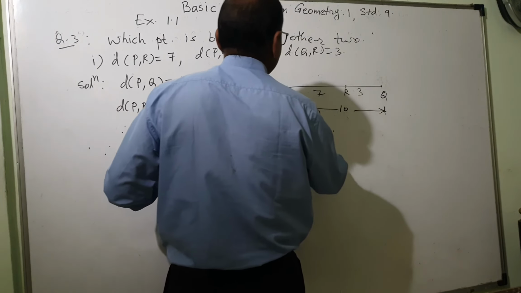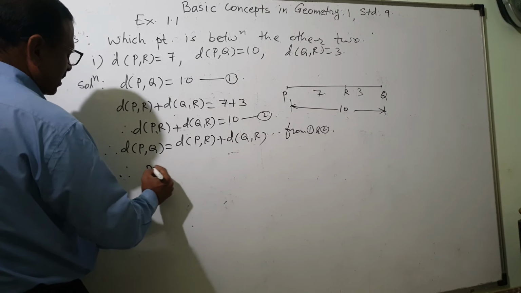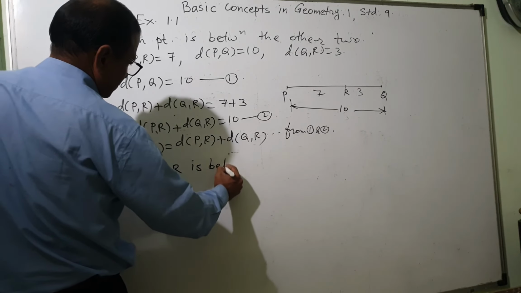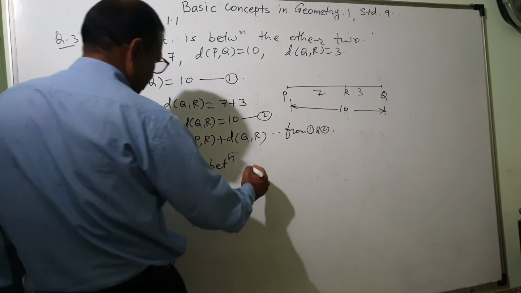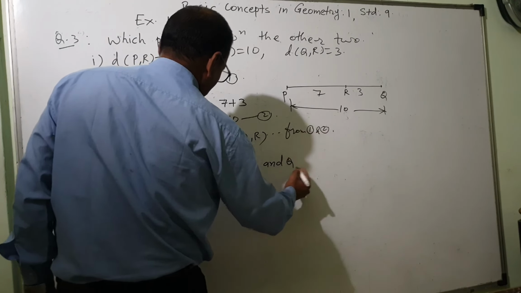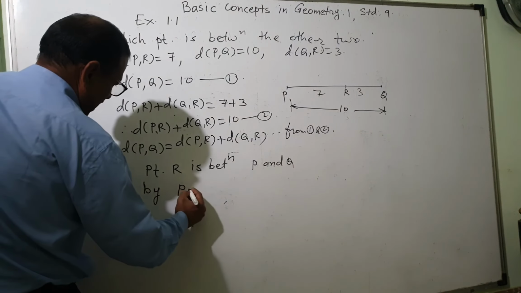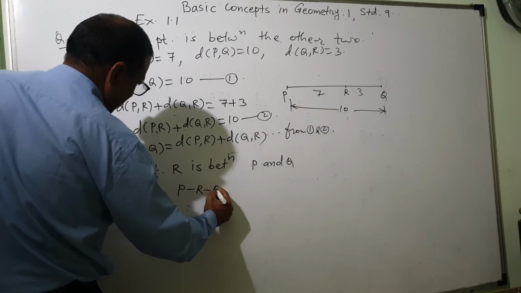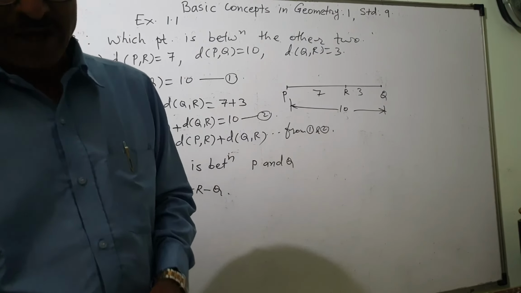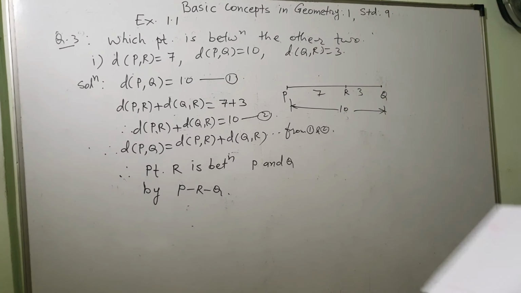So you have drawn the figure also. Therefore, point R is between P and Q. What is that relation? By the relation P-R-Q means R is in between. P and Q are the end points. This way you solve the other two sums. Hope that you have understood this.